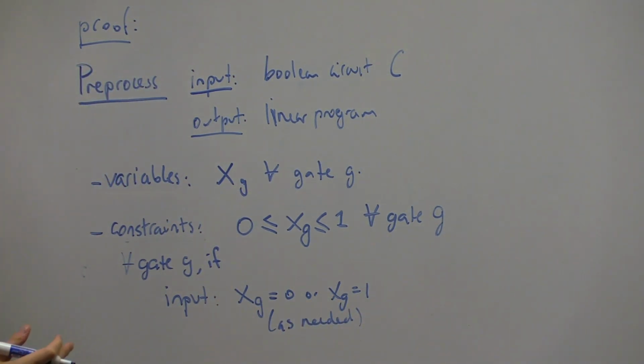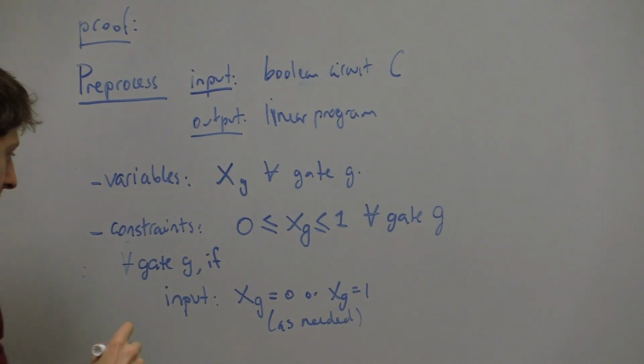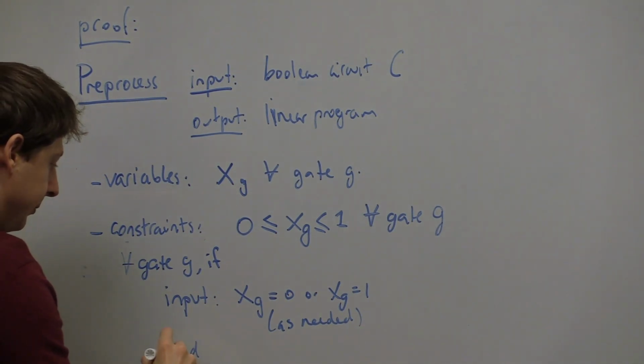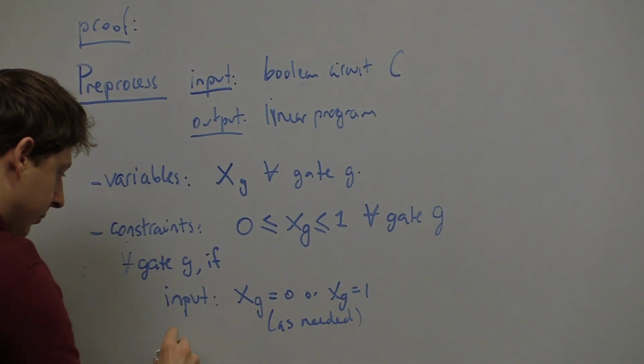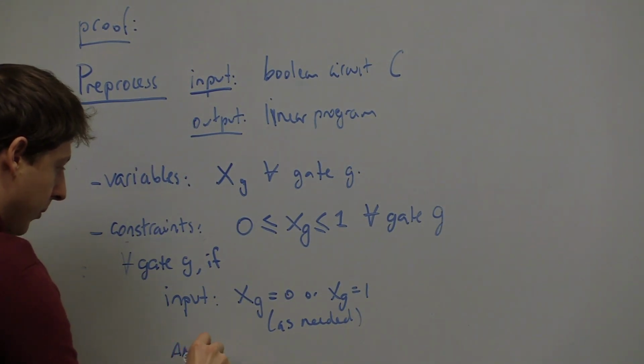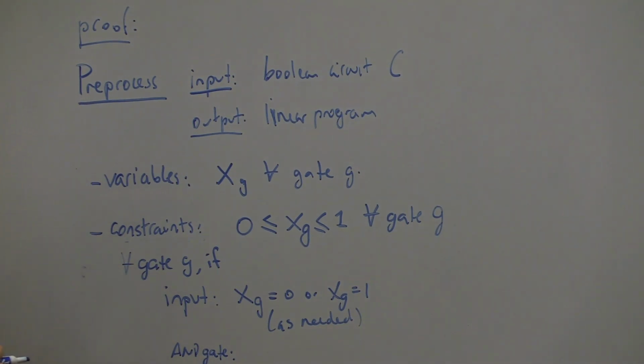Either of these things is a linear constraint. For the AND gate, it's not super clear, right?